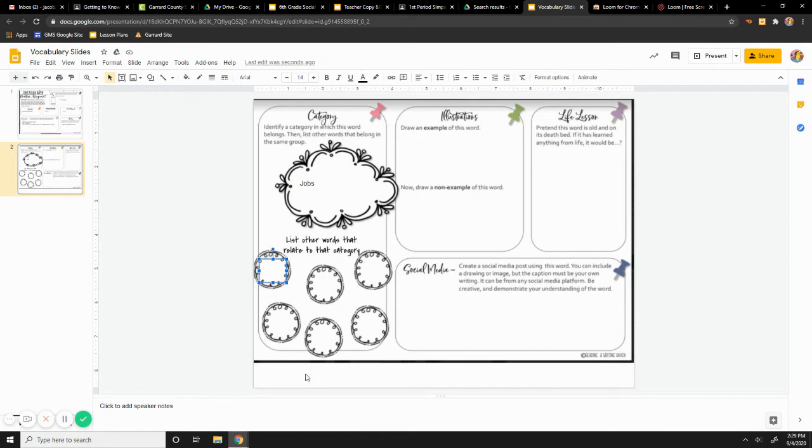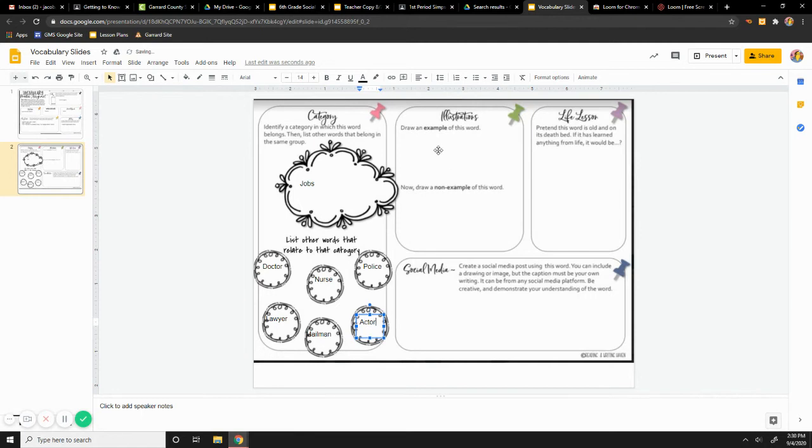Other jobs include doctors, nurses, lawyer, we're just going to fix it so it's on one line, mailman, police officer, or just police, and the last one is actor.